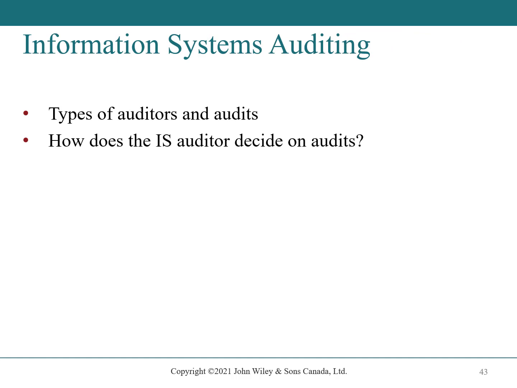Information systems auditing. There are different types of auditors and audits. How does the information system auditor decide on audits? Well, as a former auditor, I can tell you that audits are based on risk.